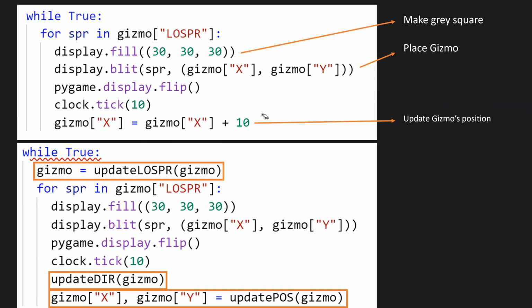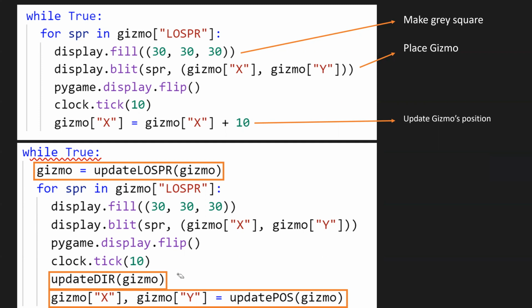So let's look at the example below. These are the 3 helper functions that we are going to need to implement. Instead, at the very beginning, I want to say, these are going to be the sprites that you're going to be reading through. These are the images that are going to create the animation. The second helper function is down here. I want you to update the direction that Gizmo is going.